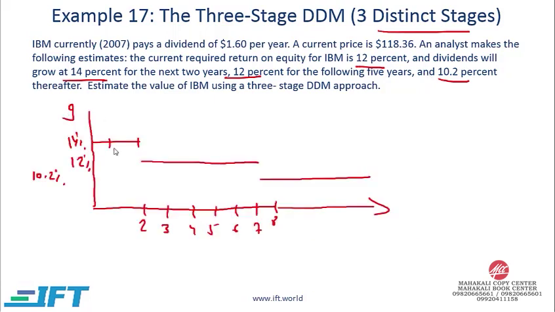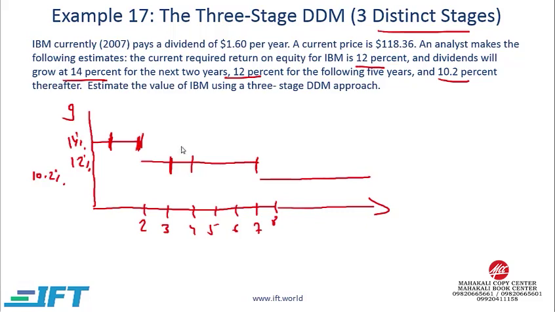For year 1 and 2, we have a growth rate of 14%. So we'll estimate D1 and D2 and discount them back. Then once you have D2, how will you come up with D3? It will be D2 multiplied by 1.12. So you'll have D3, then you can compute D4 and so on, all the way up to D7.